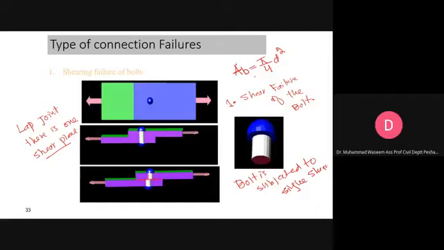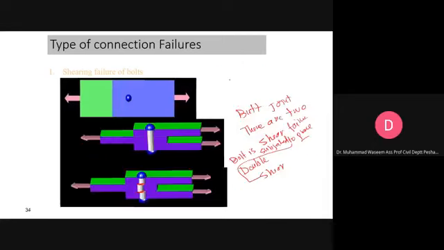So in case of single shear, this formula you can use. In this case, what you have to do is multiply it with 2, and this will become pi d square by 2.